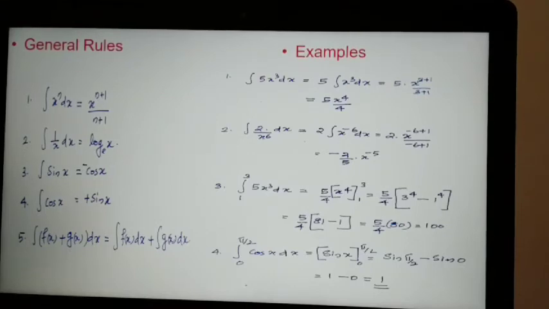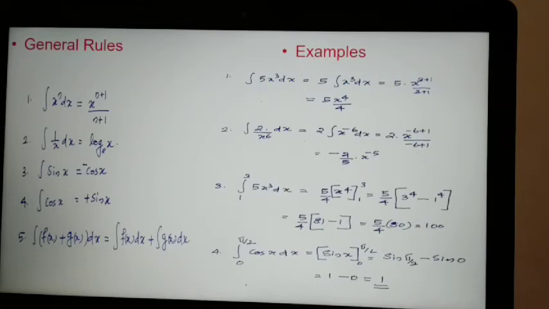So that will be 3 to the power 4 minus 1 to the power 4, where 3 is the upper limit and 1 is the lower limit. So 5 by 4 into 3 to the power 4. 3 to the power 4 will be 3 into 3 into 3 into 3. So 4 3s are multiplied.